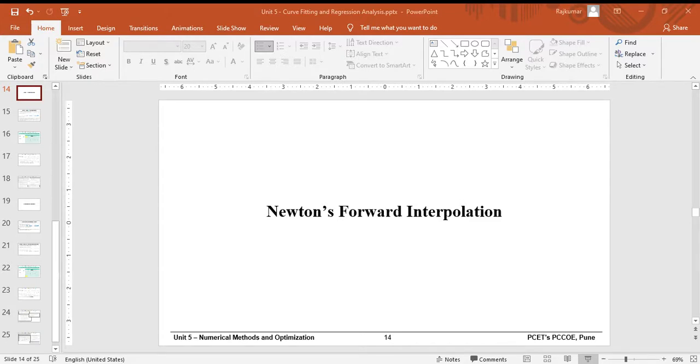So 150, the next value is 13.03, then 2.01, then minus 0.24, then 0.08, then minus 0.05, and whatever will be the value in the next column.